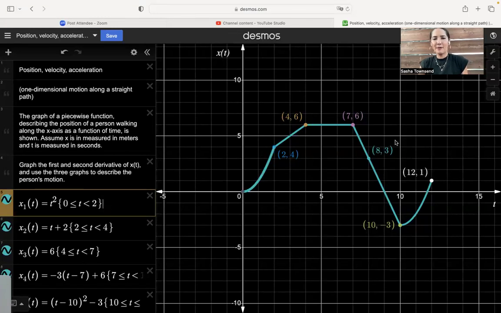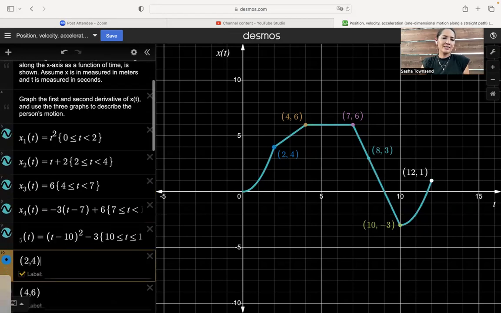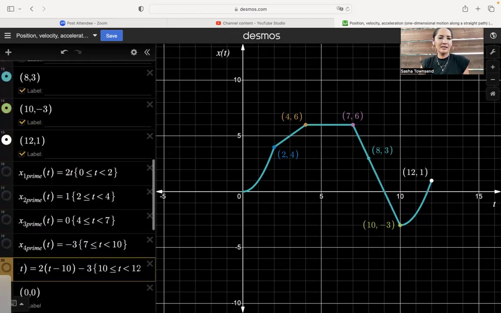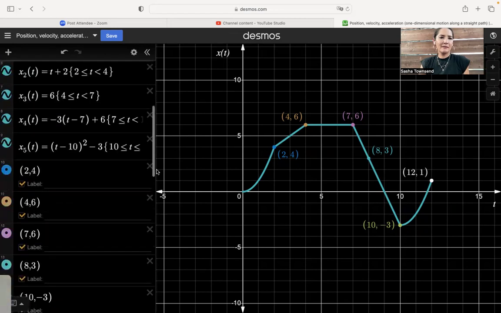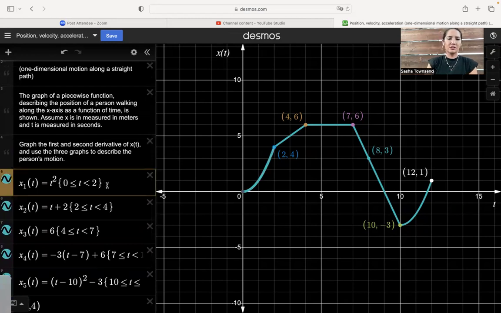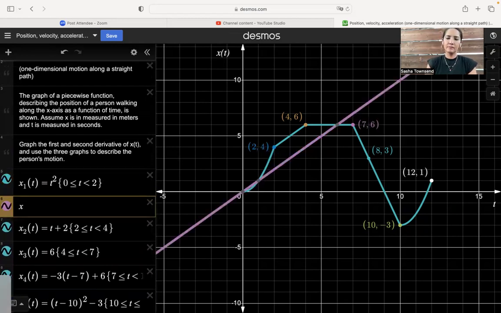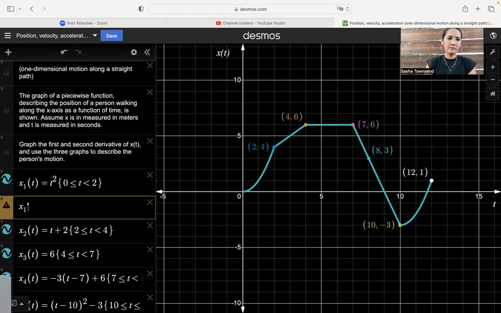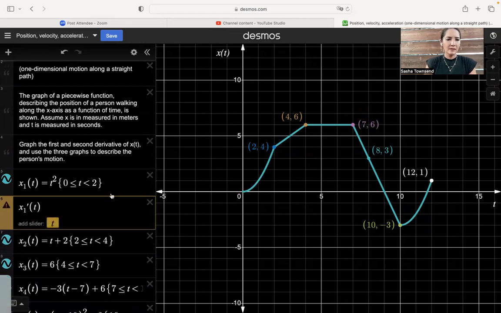Okay, so I'm going to graph my piecewise function for the derivative. I've actually already typed those functions in down here, but I'm going to retype them for us just so that we can think through the derivative again. The derivative of t squared is 2t. Now, sometimes the prime notation works in Desmos, sometimes it doesn't.